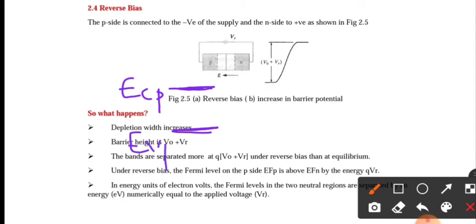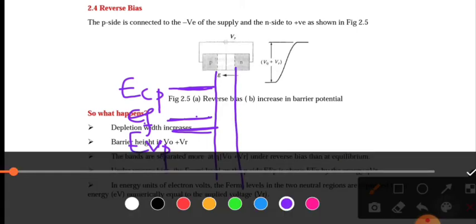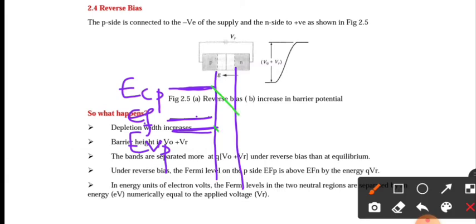This is the valence band of the P side, and we had the Fermi level here, that is EF. Now, considering this, this is ECN and this is EVN. So under reverse bias, the Fermi level on the P side, EFP, is above the Fermi level on the N side, that is EFN.